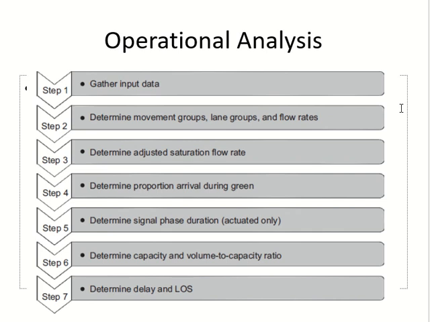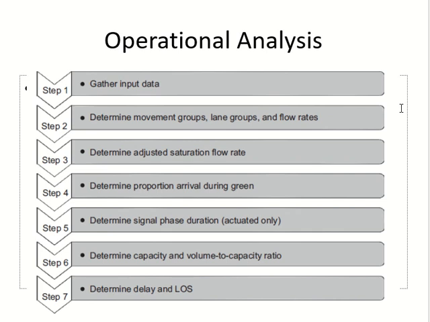Find out the proportion of vehicles which arrive during the green phase. Some of the vehicles arrive during green and some of them arrive during other timings. So what is the proportion? Find out the signal phase duration. This is only for actuated signals. Actuated means with a sensor.